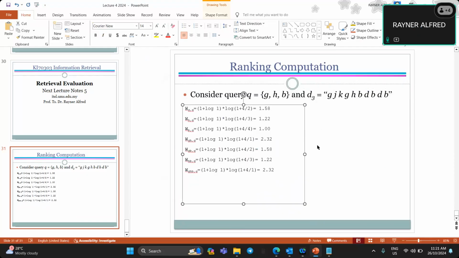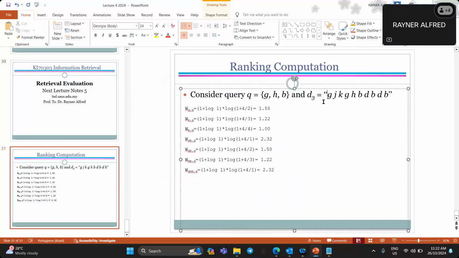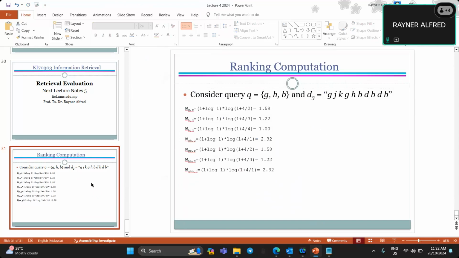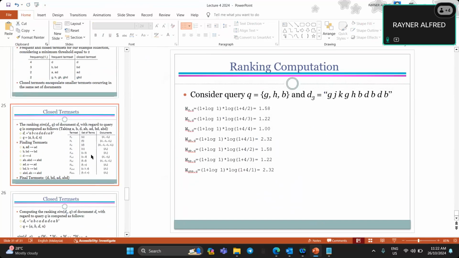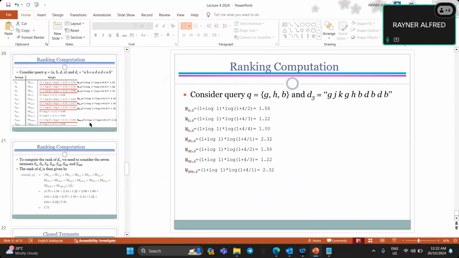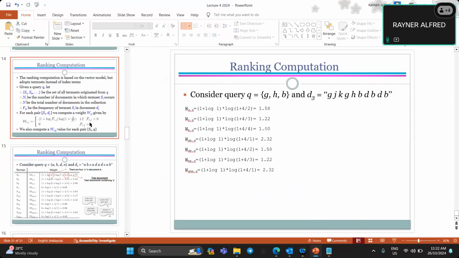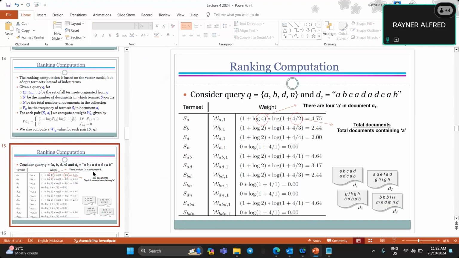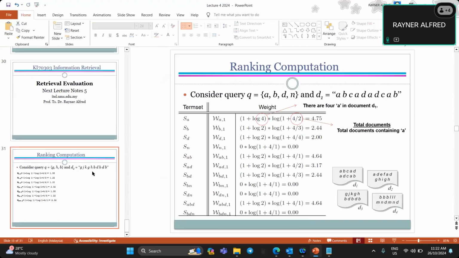So meaning what we are doing now, Prof, the query changes, and the document also changes? Oh, okay. The documents are based on the example, so in the example we have GJK, GH, and then BD. So here we should have GJK, GH, BD.